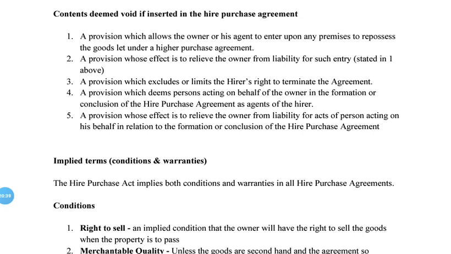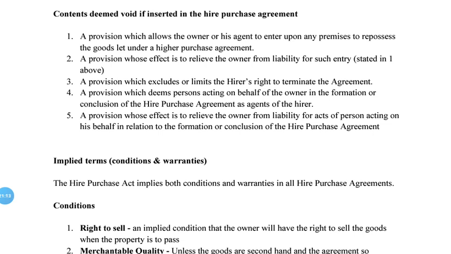been rendered unenforceable. So number one, a provision which allows the owner or his agent to enter into any premises to repossess the goods let under a hire purchase agreement. Number two, a provision whose effect is to relieve the owner from liability for such entry that is stated in number one above. 3.